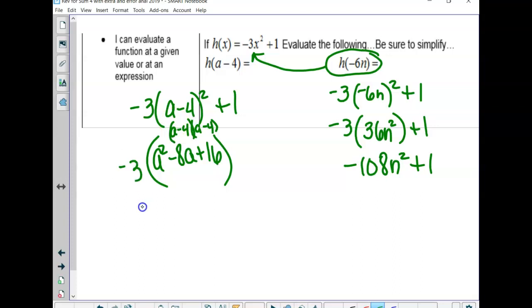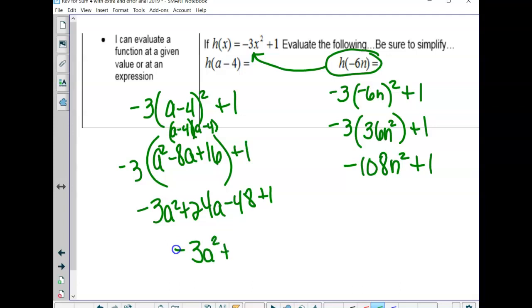And then you'd have to distribute the negative 3. And then there'd be the plus 1 on the back still. I don't know. That's what I got, but I don't think it's like that on the quiz. I think it's one where you put in something more like negative 6n. Questions?